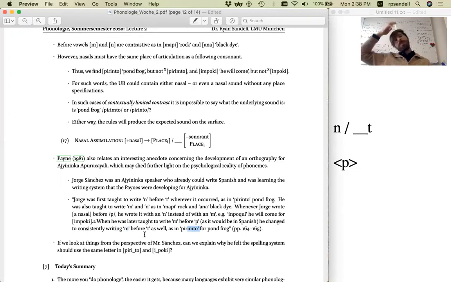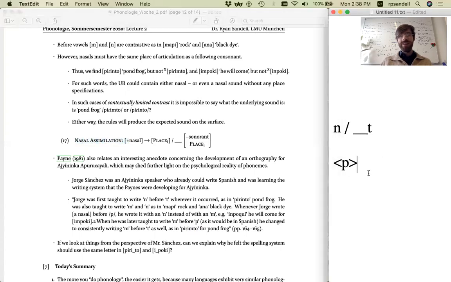And this maybe suggests to us that for Mr. Sanchez, all of these words in which there is a nasal preceding a non-sonorant consonant have the same underlying phoneme, which will be derived through the application of a nasal assimilation rule.